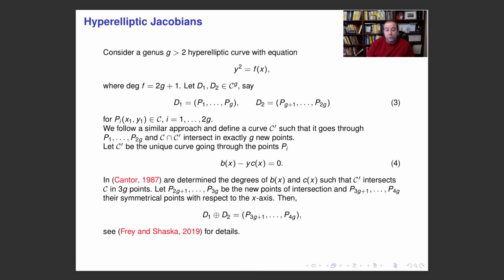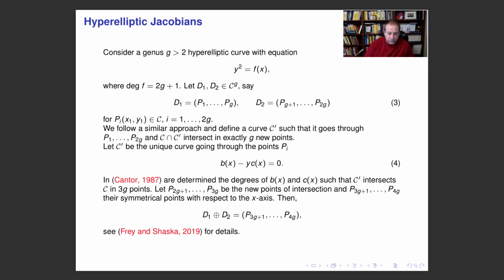Your curve will be y equals b of x over c of x, where these are polynomials. You want the smallest degree rational function that will interpolate these 2g points. That gives you a curve that will intersect the original curve in precisely g more points. We call them p_{2g+1} to p_{3g}.